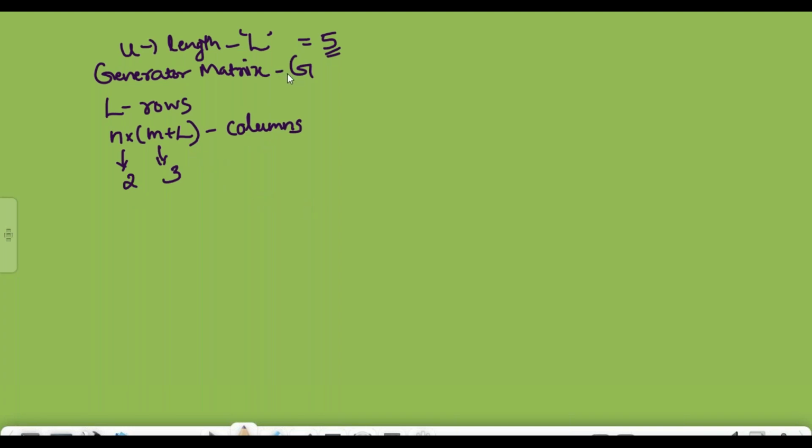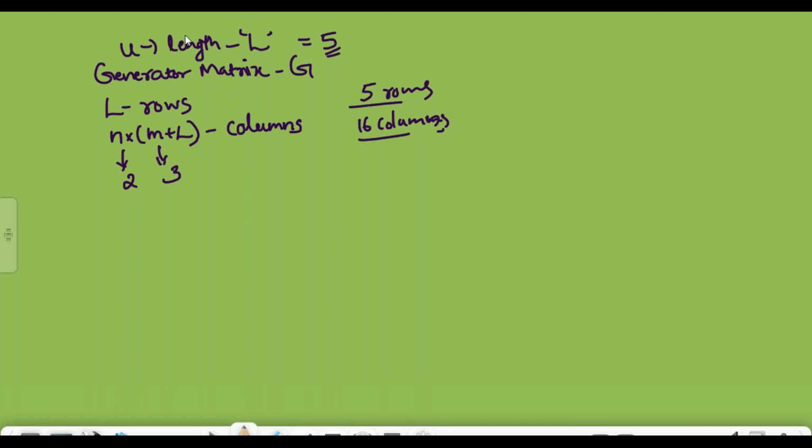Therefore we have 5 rows and 2 into (3 plus 5), that is 8 into 2, therefore 16 columns.